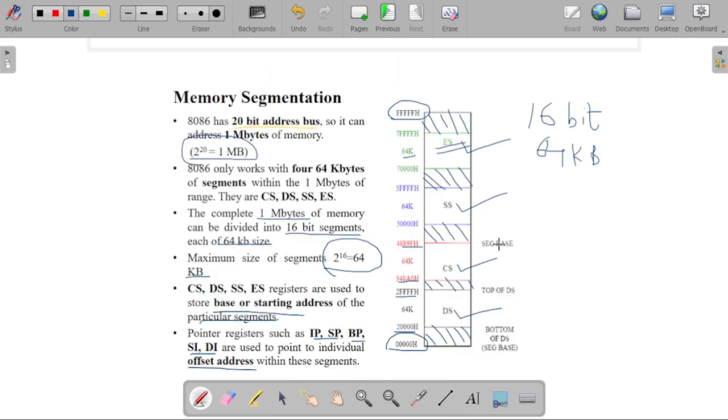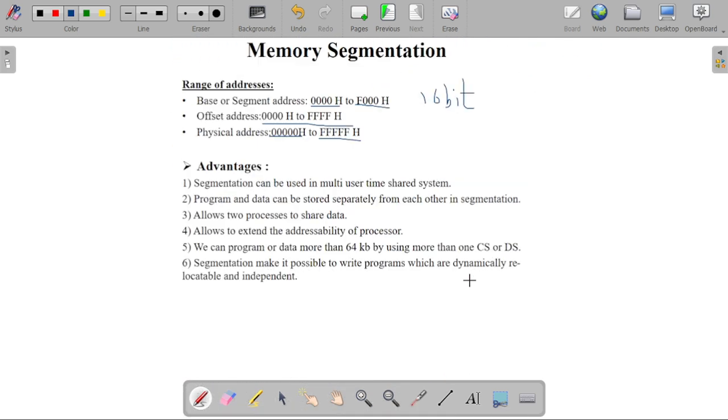In memory segmentation, we are dividing our whole physical memory, that is 2 raised to 20, equal to 1 megabyte of memory, into different segments. So why are we using the concept of segmentation? These are the advantages of segmentation. With the help of segmentation, multiple users can share multiple locations.